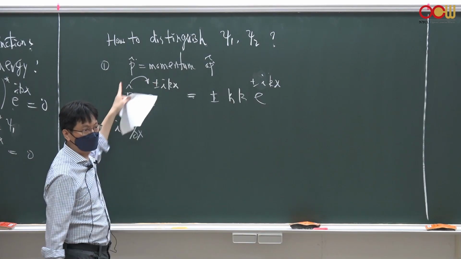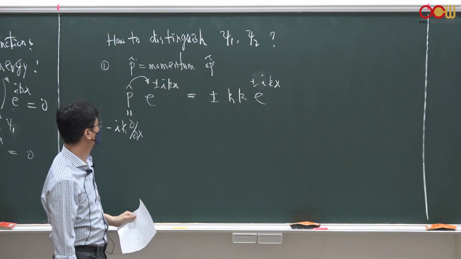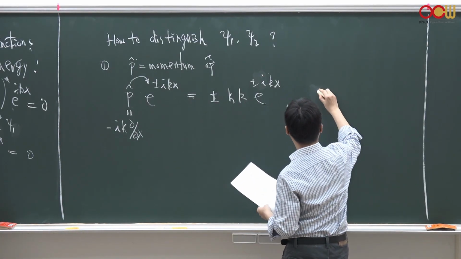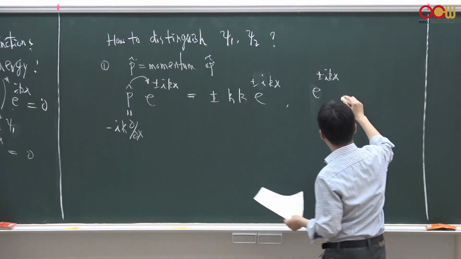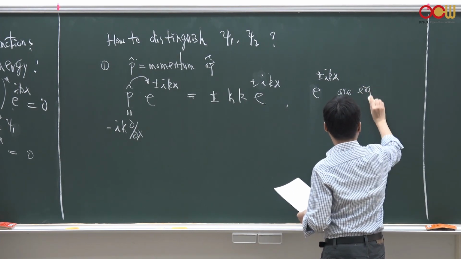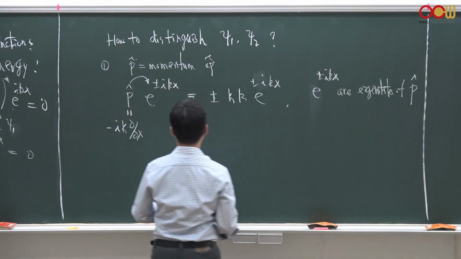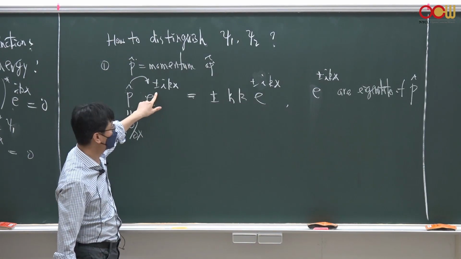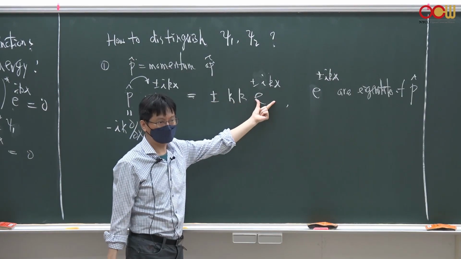Of course, this tells you that the e to the plus minus ikx states are also eigenstates of the momentum operator, because if I apply the momentum operator onto the states, I get the eigenvalue plus minus h bar k times the same states.